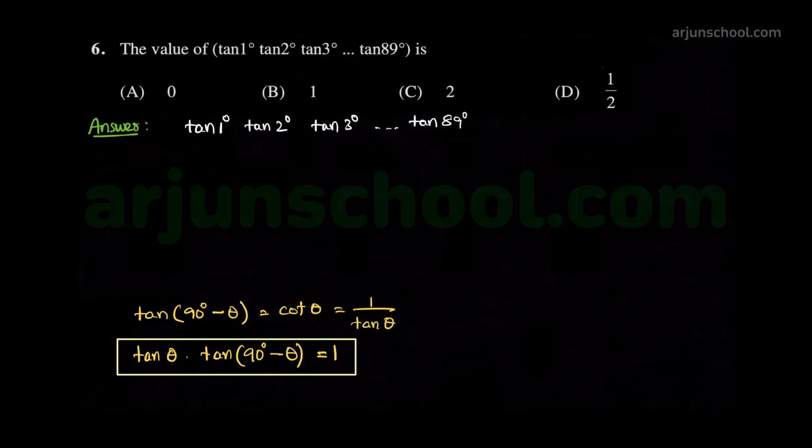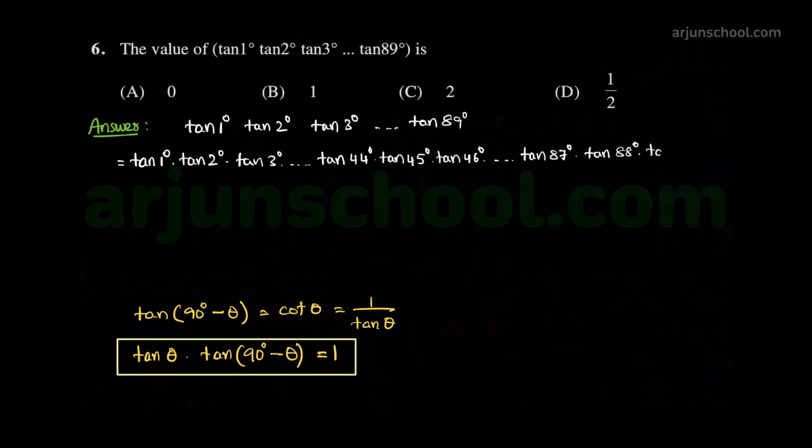Let us rewrite the given expression with some more terms, which is equal to tan 1 degree into tan 2 degrees into tan 3 degrees into and so on tan 44 degrees into tan 45 degrees into tan 46 degrees into and so on tan 87 degrees into tan 88 degrees into tan 89 degrees.